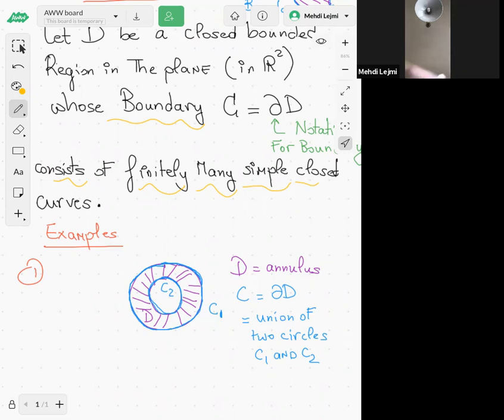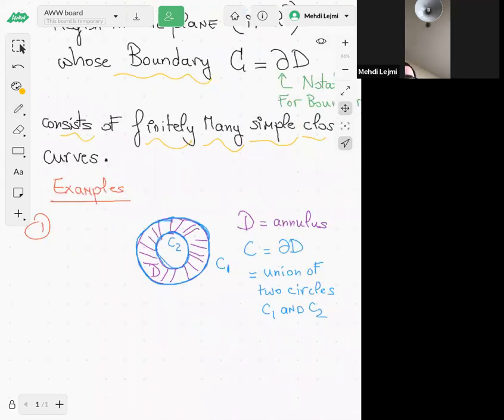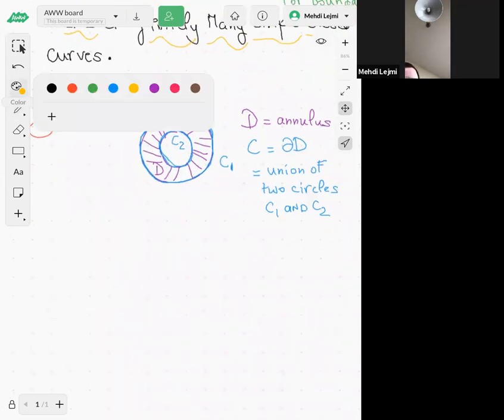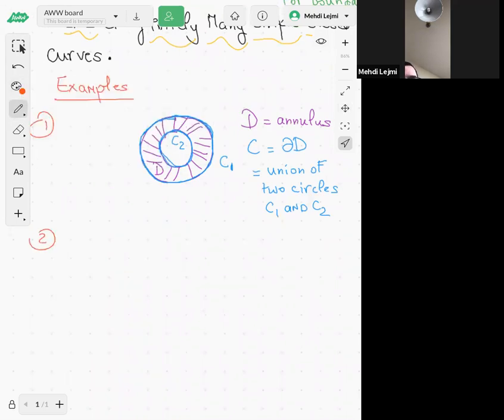Another example would be, for example, if you take a triangle, so my region D would be this one here. So my D in this case is a triangle.